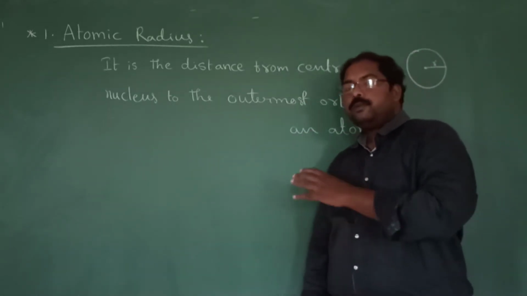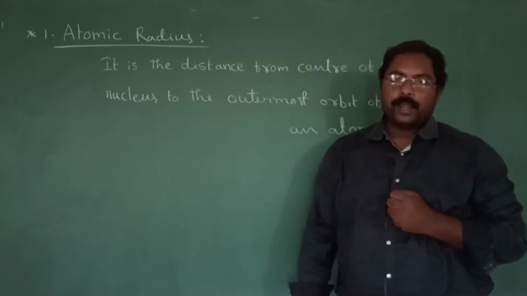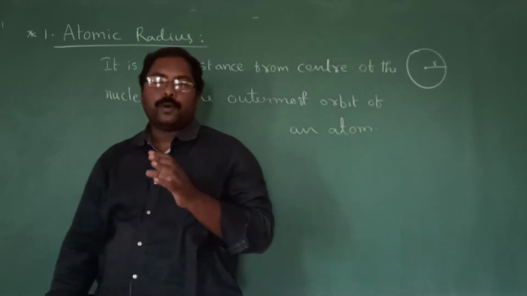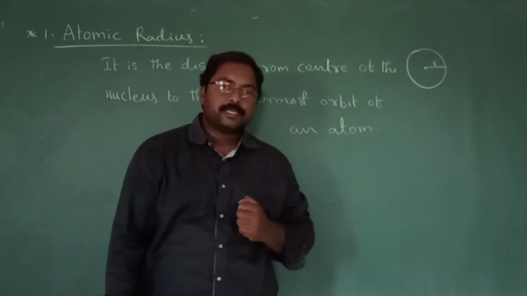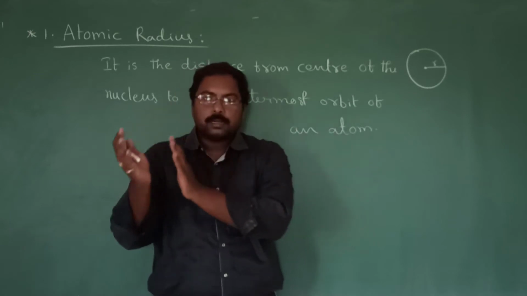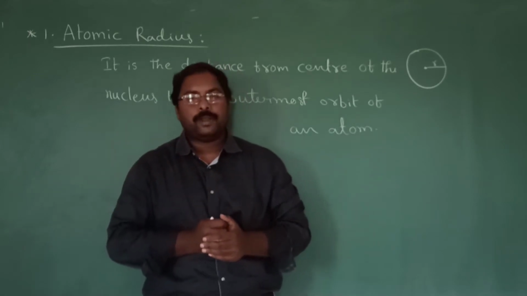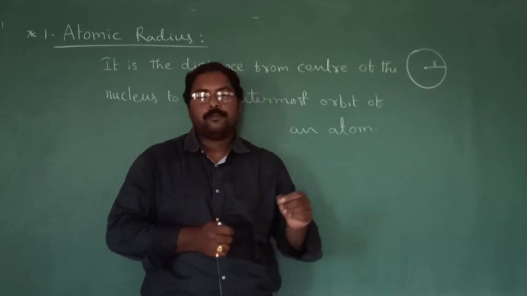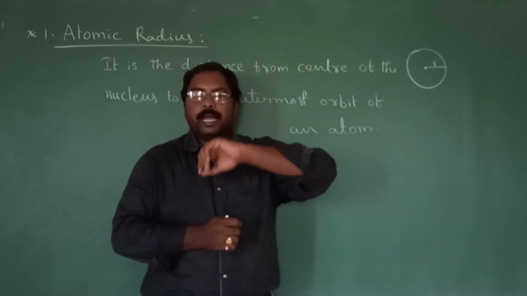But coming to finding the radius of an atom, it is a very difficult task to find the exact radius of the atom, because according to the quantum mechanical model of an atom, there is no fixed path for the revolving electron.